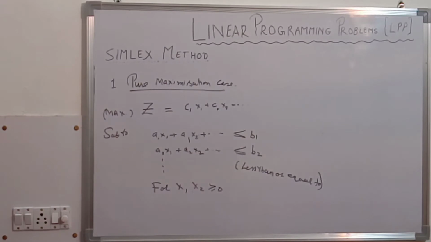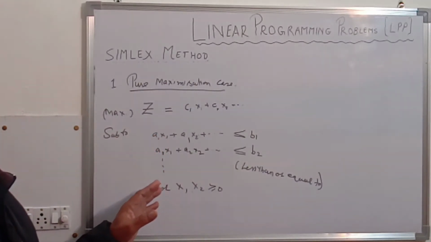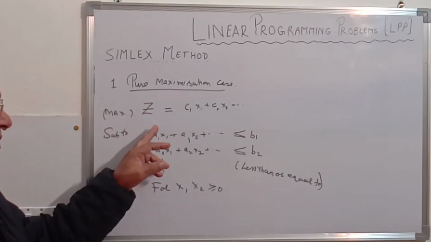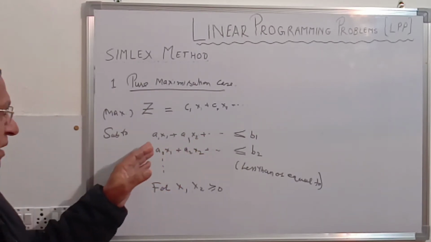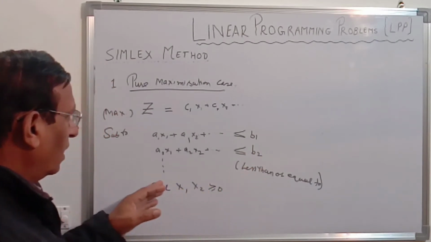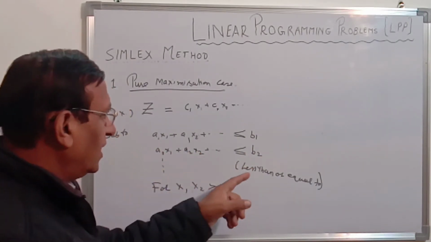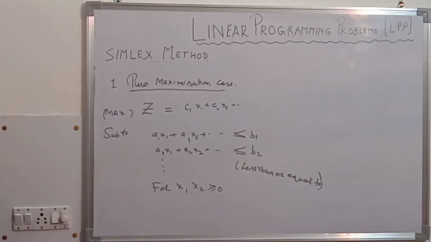First of all, you have to see which type of problem you are solving. So this is the first type, z maximum. It will be given in the mathematical form, and if the equations are all less than or equal to type, then it is called pure maximization.